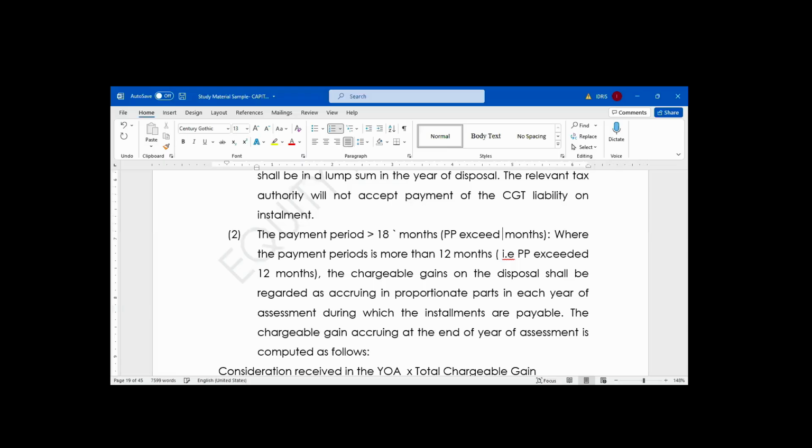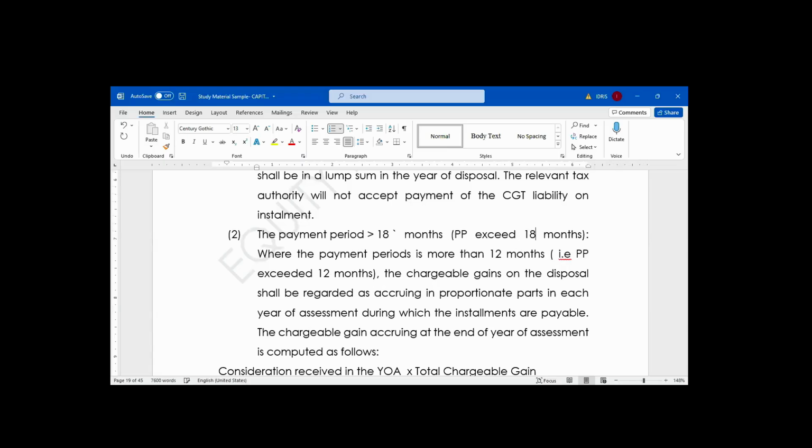That means the capital gain tax too, you are going to pay it on installments.